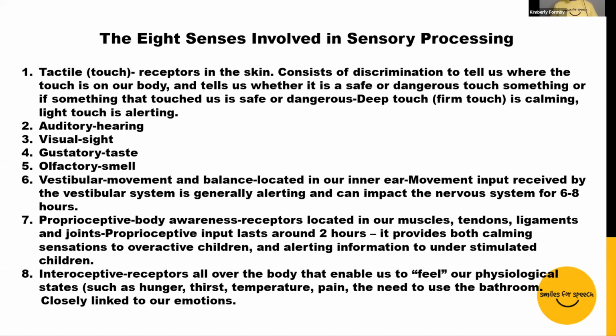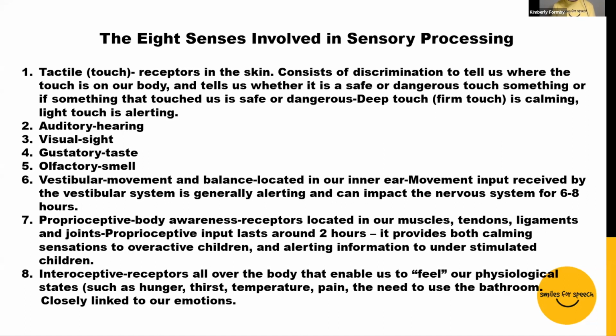These senses are sometimes referred to as our far senses, because if we use our bodies as a point of reference, these senses give us information about what's going on out here, away from our bodies. So these are our sense of touch, our sense of hearing, our sense of sight, our sense of taste and smell.